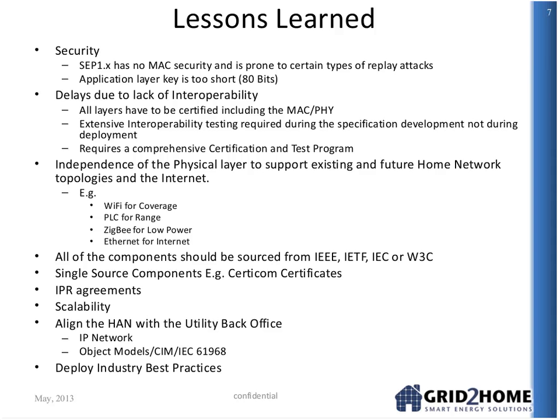ZigBee, though, still has its purposes, and it's actually very good for low power. And of course, Ethernet gets us to the internet, and wherever you can plug an Ethernet into something, you can get a lot of coverage by then going through lots of devices.